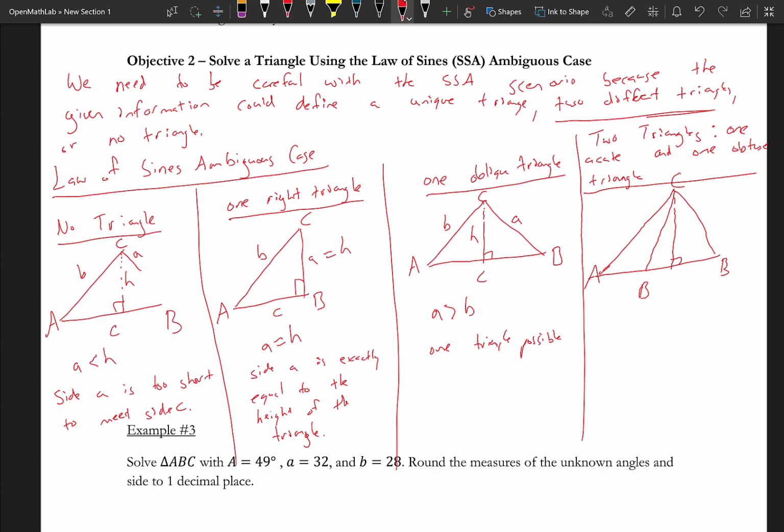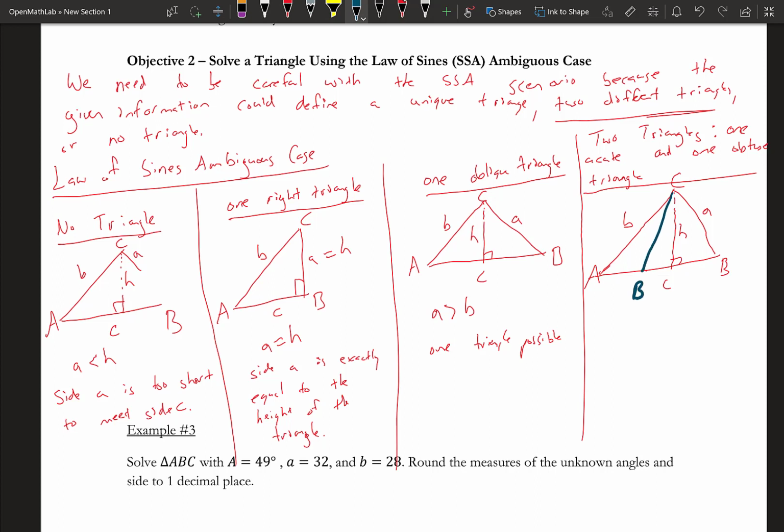So then that would be my height H. This is little a, little b, and then this side is little c. So you can see that there's two triangles possible, and maybe I'll draw the one possibility in a different color.